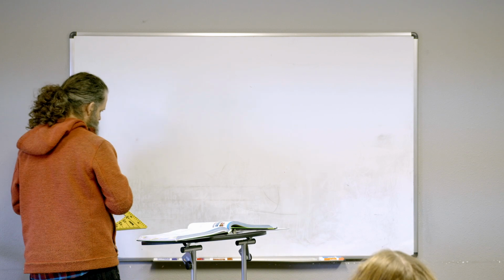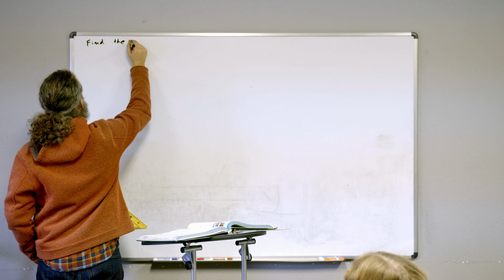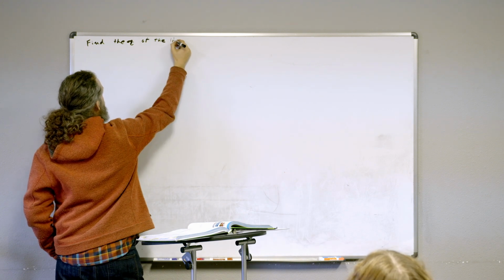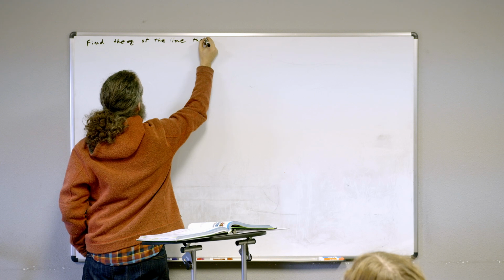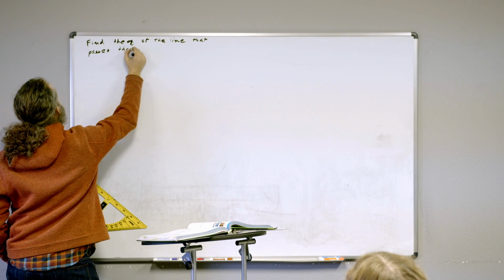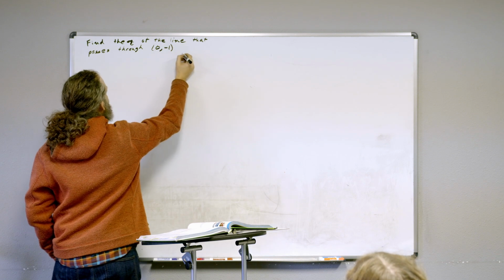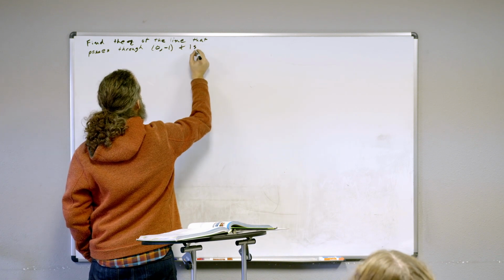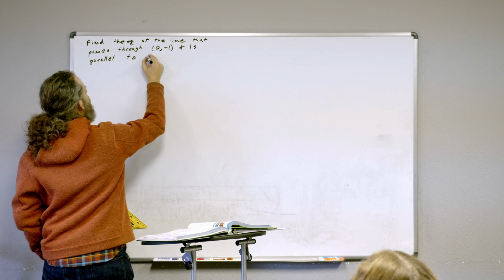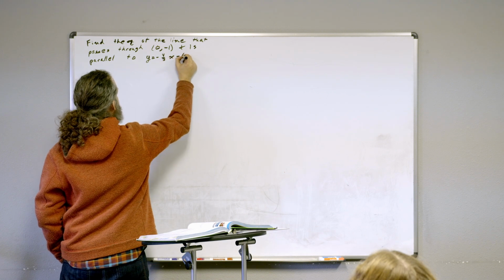So, find the equation of the line that passes through (0, -1) and is parallel to y equals negative 4/3 x minus 643.